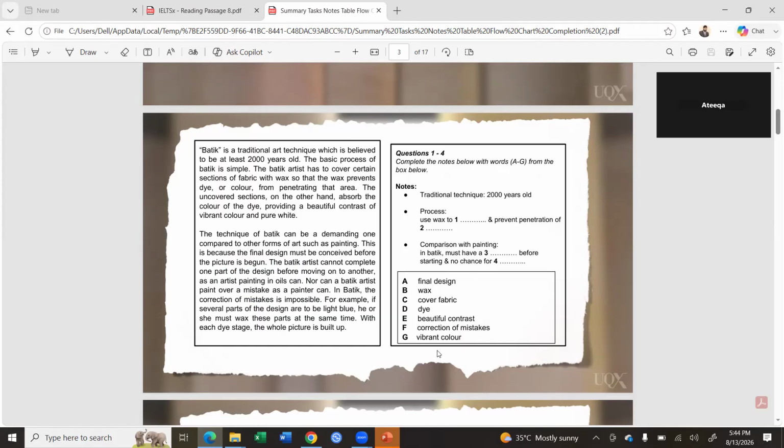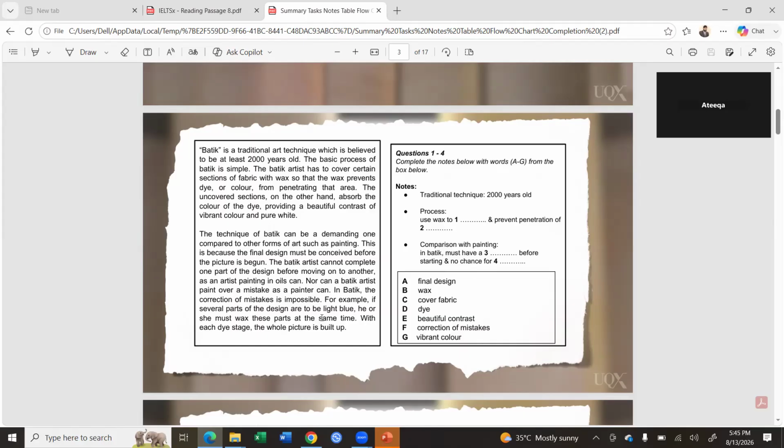Look at these options and try to find a paraphrased form here. Paraphrased or synonyms or even exact wording. What can you see here out of these options? It's simple. Design.